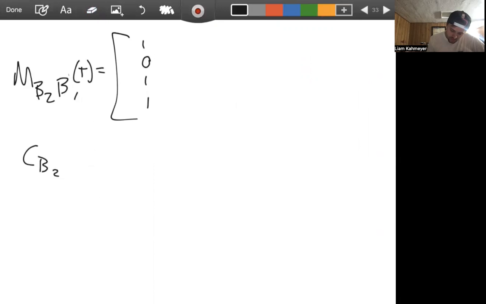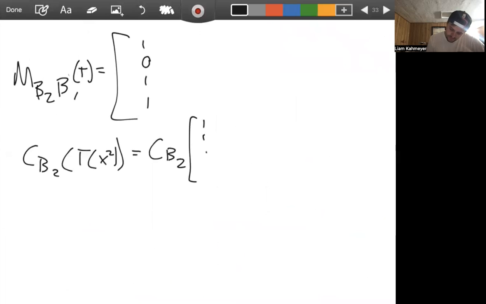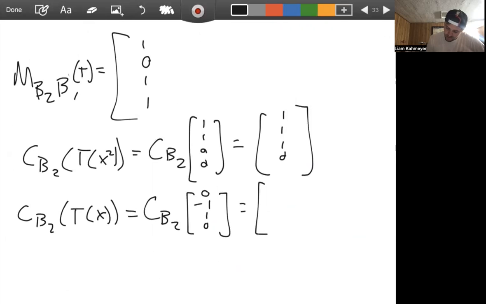C_B2 of T of X squared is equal to C_B2 of, and this was going to be the second column, (1, 1, 0, 0). You go through the same process, and I claim you get (1, 1, 1, 0). C_B2 of T of X, which is C_B2 of (0, -1, 1, 0), I claim that you get (0, -1, -1, 0).